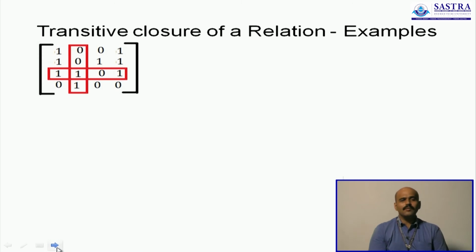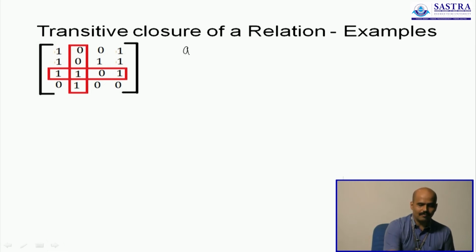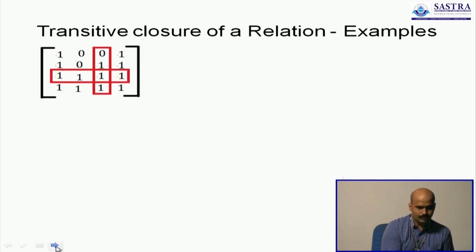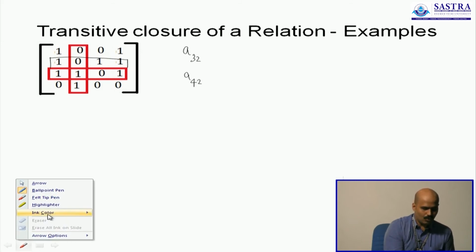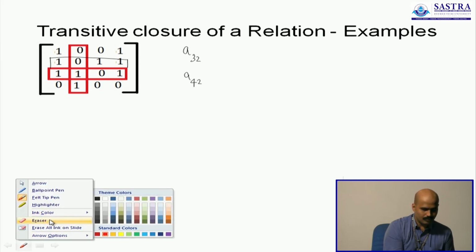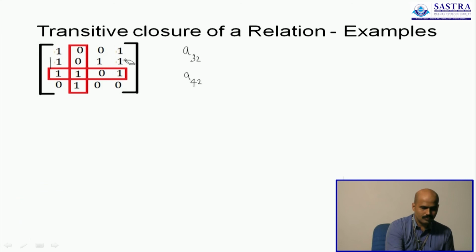Only this entry is a new one. For the next iteration, you will compare now the second column and the second row. So you have A32 to be 1 and A42 to be 1. It's incorrectly highlighted. It is the second row, not the third row. I'll just highlight it.